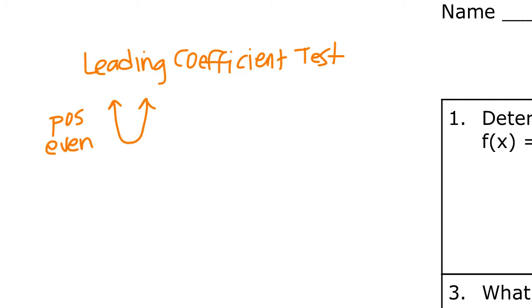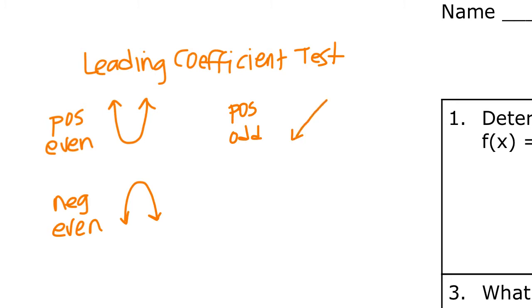If your leading coefficient is negative and has even degree, then both sides are going to point down. If your leading coefficient is positive and your polynomial is of odd degree, then one side is pointing down while the right side points up.